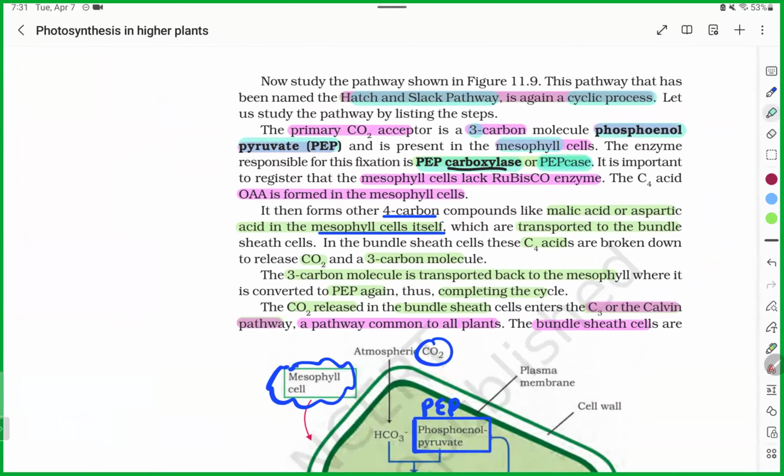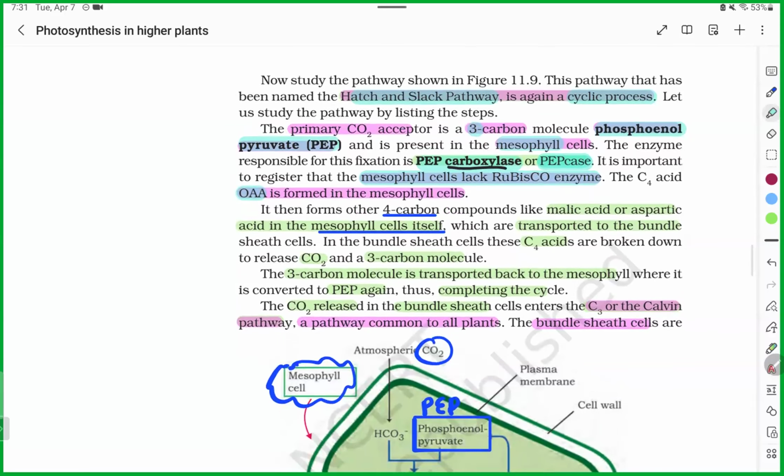It is important to note that mesophyll cells do not have the Rubisco enzyme in C4 plants. In C3 plants, mesophyll has Rubisco. C4 acid oxaloacetic acid is formed in the mesophyll cell. In C3 plants, PGA is formed, 3 carbon PGA is formed.